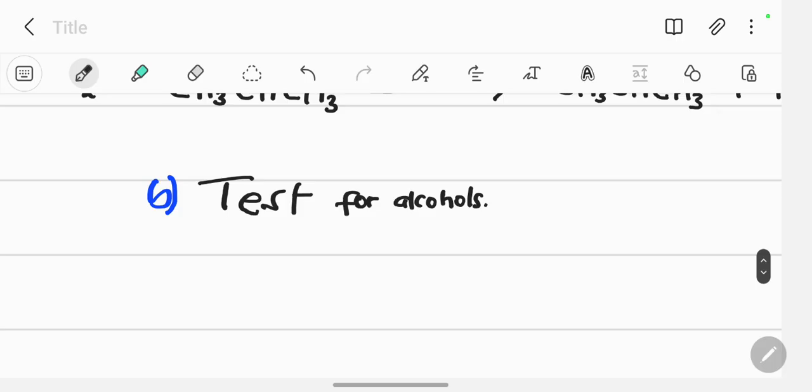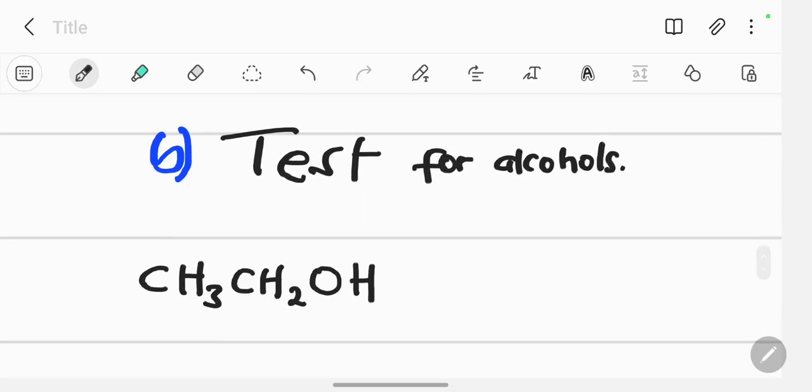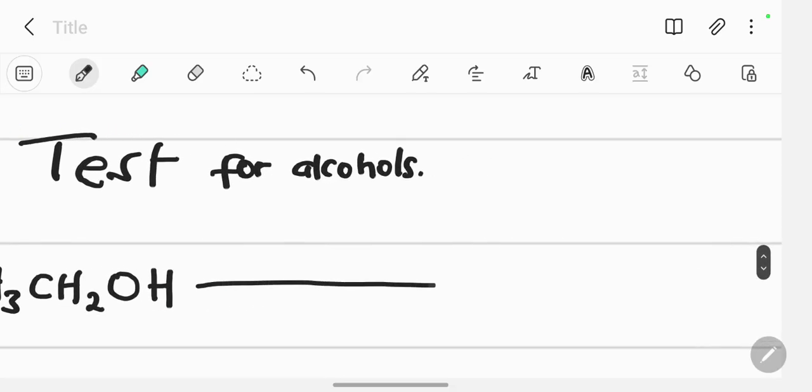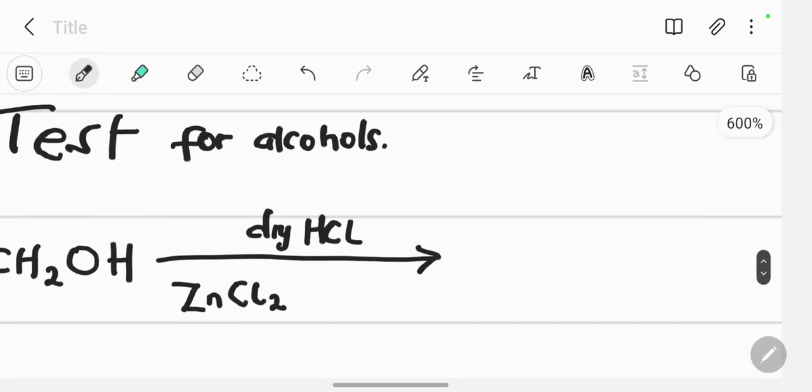So an example, if I'm having my primary alcohol as CH3CH2OH, that is a primary alcohol, and I add in dry HCl and anhydrous zinc chloride catalyst.